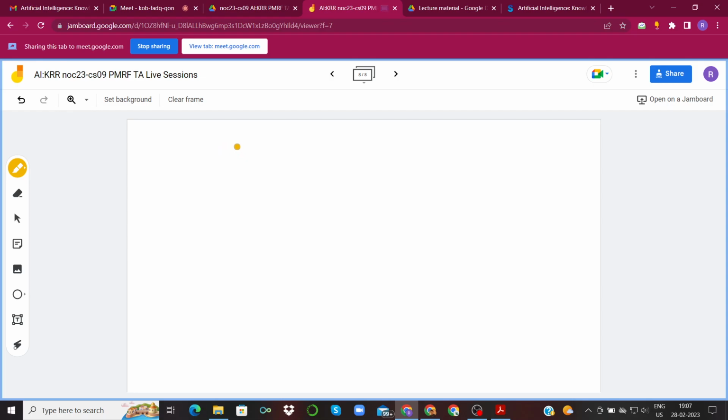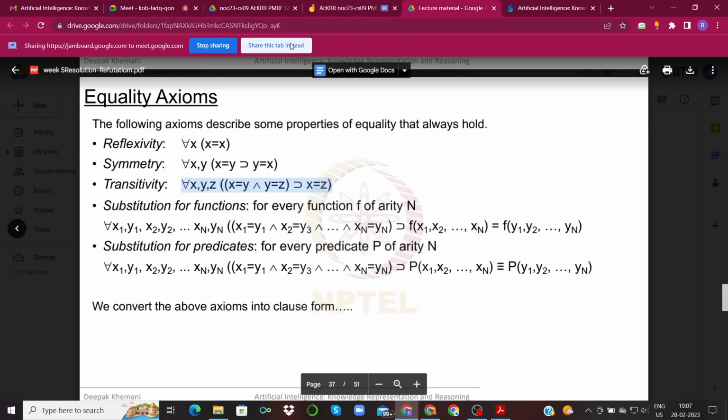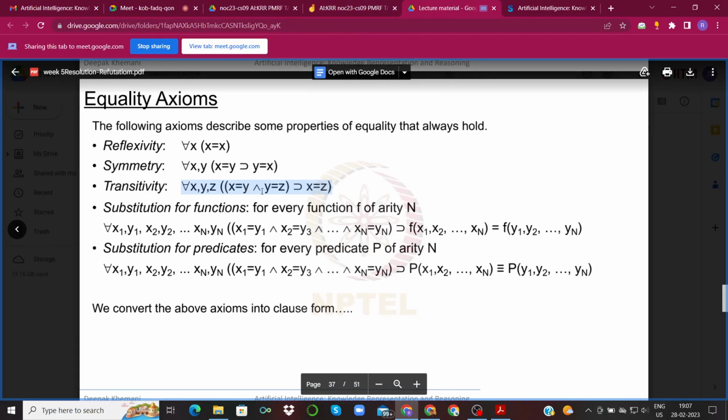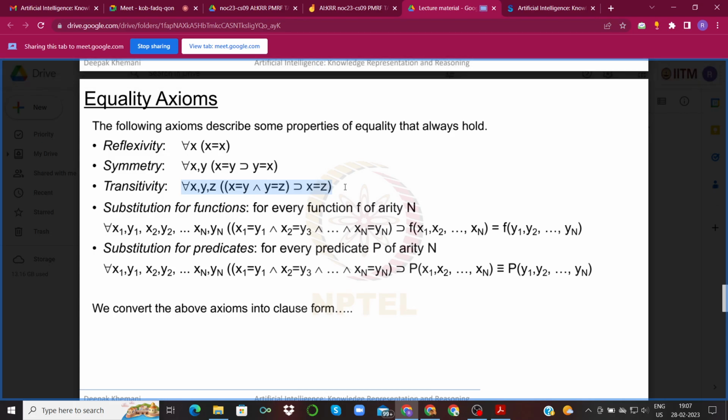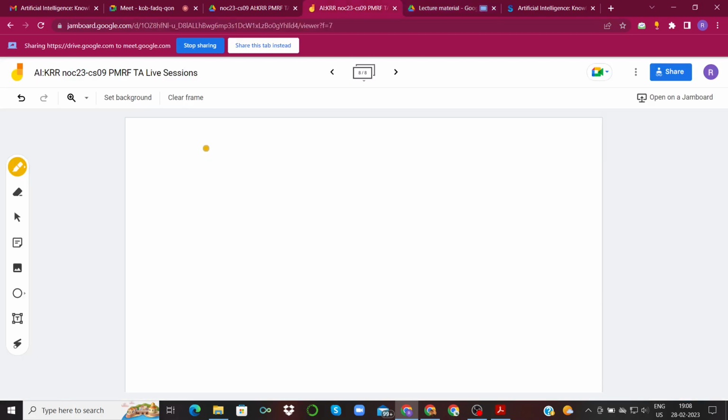So for transitivity, what do you have? You have x equals y and y equals z implies x equals z.